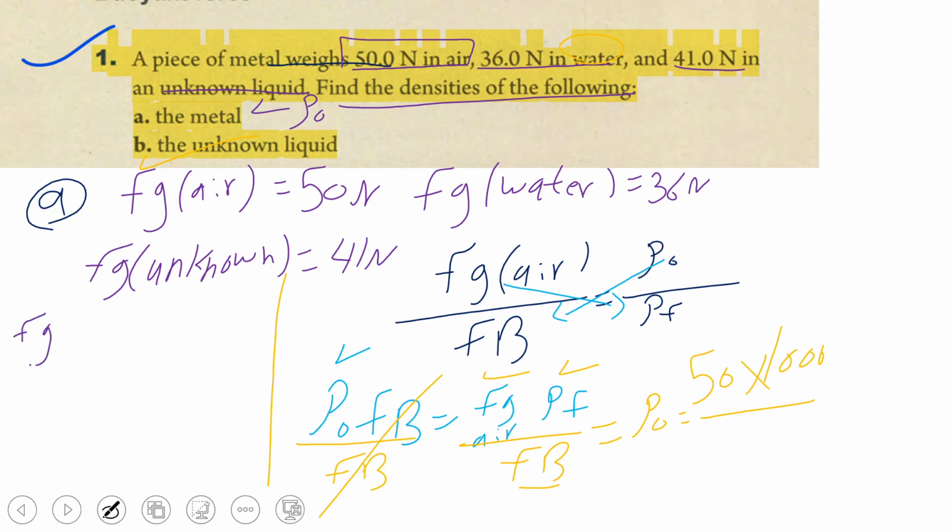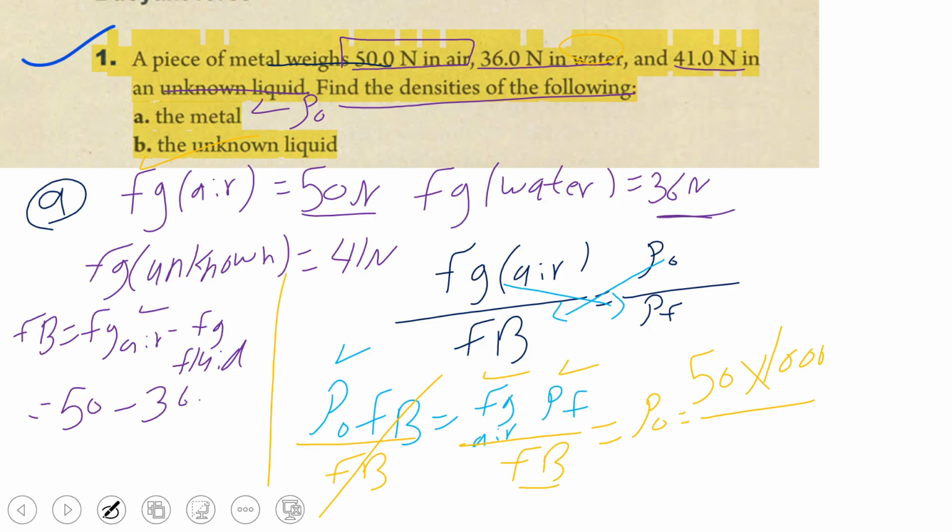The rule of buoyant force equals Fg of the object in air minus Fg of the object in fluid: 50 minus 36, the answer is 14. So we found the value of the buoyant force. It's 14.